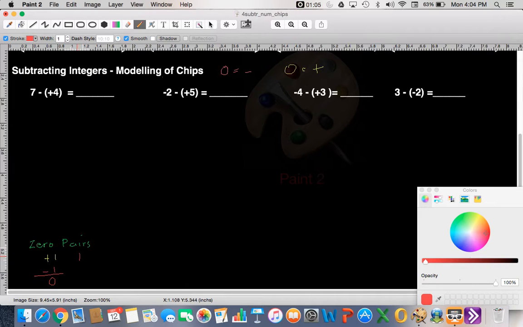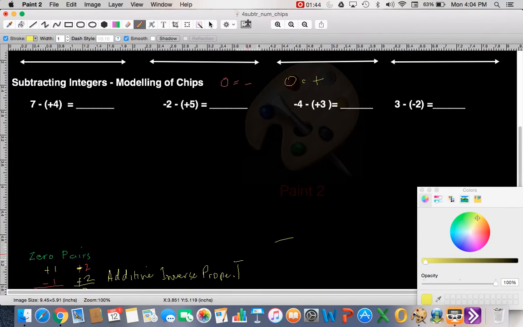Let's say negative 2 and positive 2, the answer will be 0. If you are adding opposite numbers that are the same in value, you're going to have a 0 answer. We call it the additive inverse property.